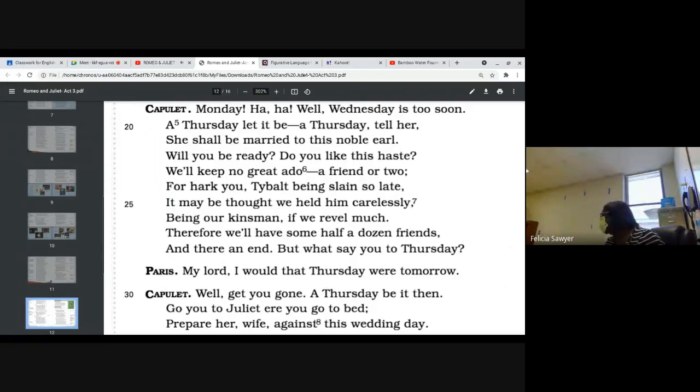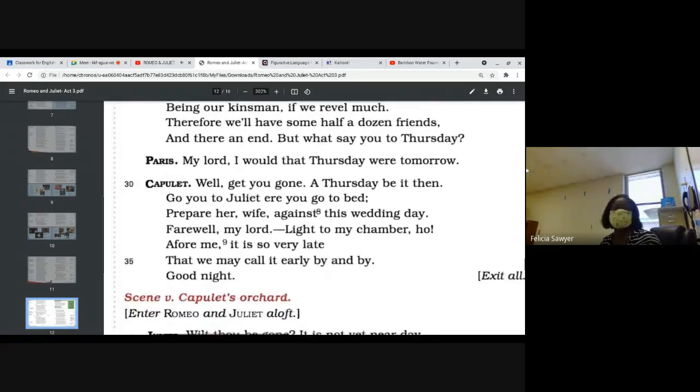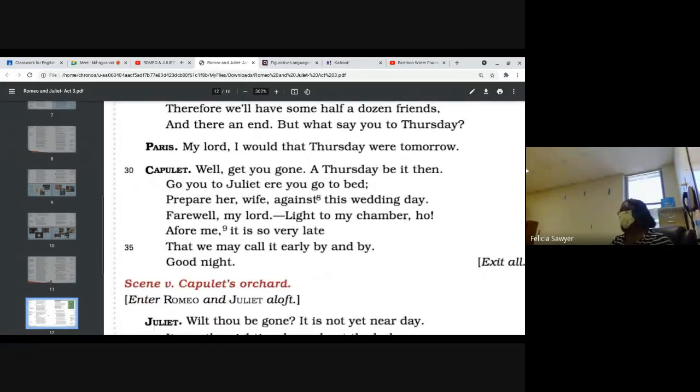We'll keep no great ado, a friend or two. For hark you, Tybalt being slain so late, it may be thought we held him carelessly, being our kinsman, if we revel much. Therefore we'll have some half a dozen friends, and there an end. But what say you to Thursday? My lord, I would that Thursday were tomorrow. Well, get you gone. A Thursday be it then.